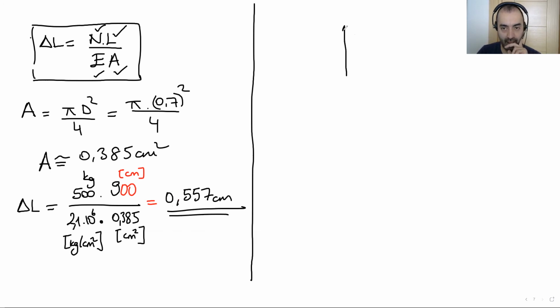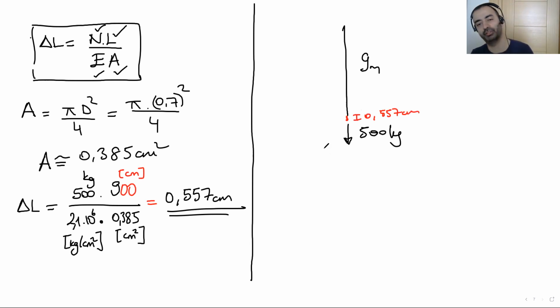That means when I apply this force of 500 kilogram to a 9-meter member, my member will elongate a little bit. It's almost half a centimeter.